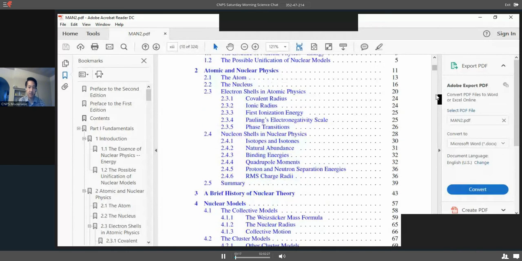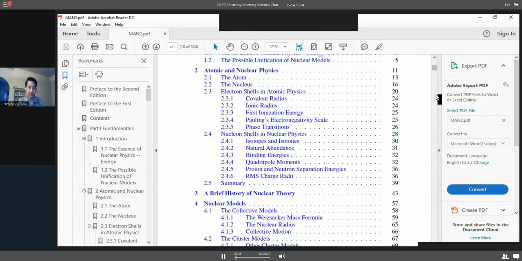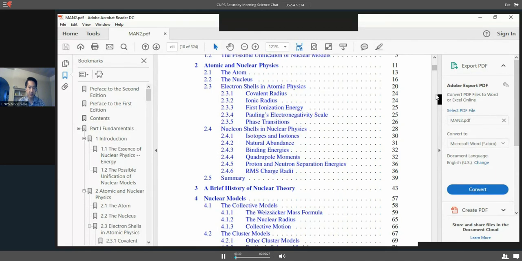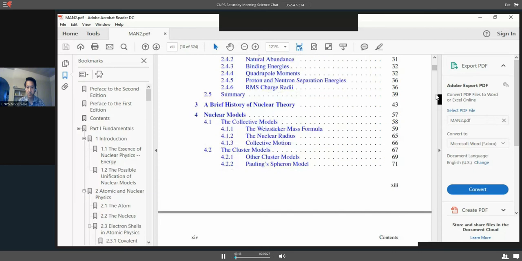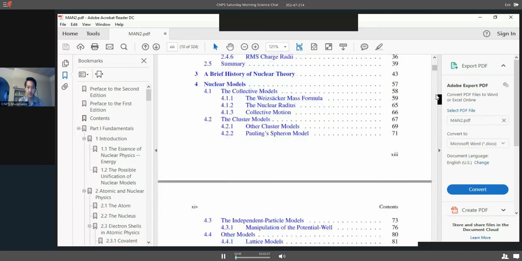They discuss the basics of the atom, the nucleus, the electrons, shells, and then the nucleon shells. So we have things which apparently happen on the outside, like the radius and the first ionization energy, and things which happen in the nucleus, such as isotopes, binding energies, quadrupole moments.